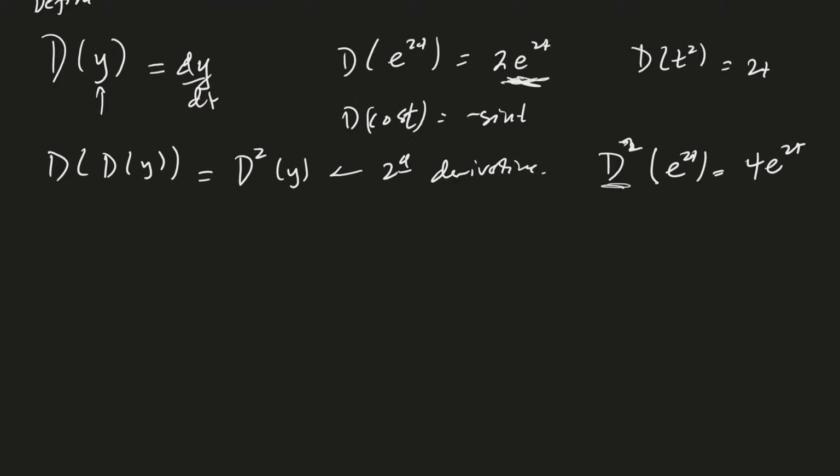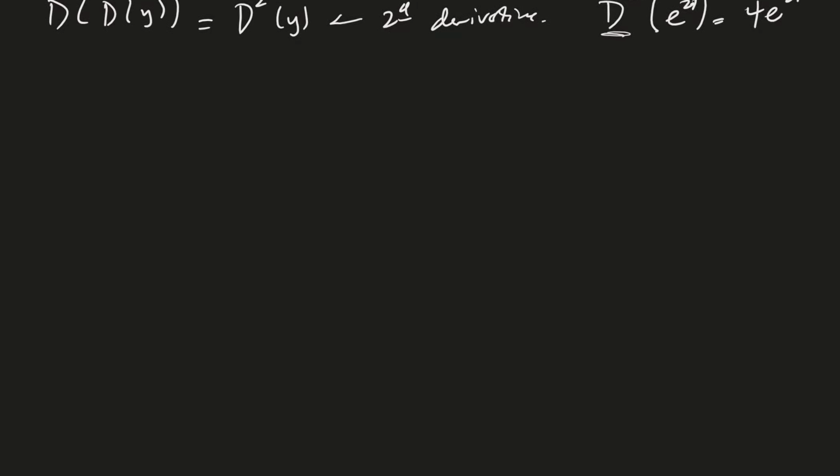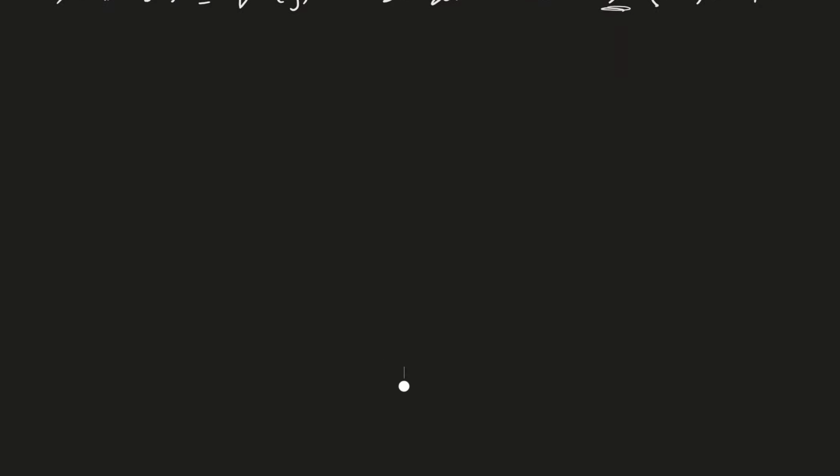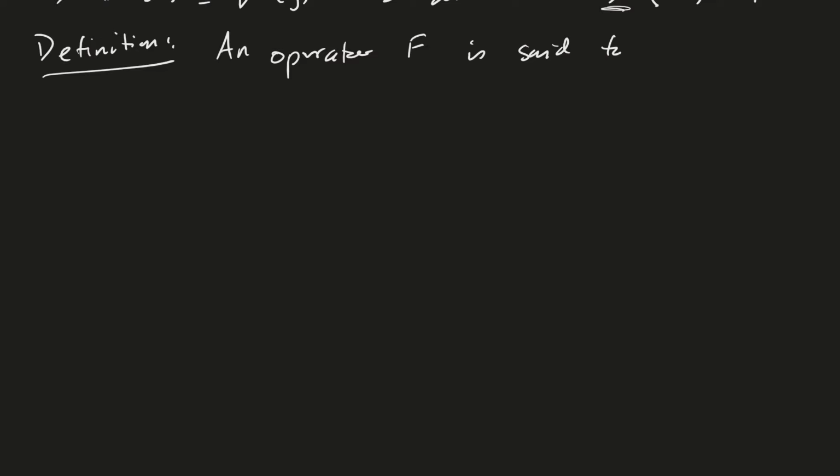Good. Now we're ready for our big definition of the day. Definition. An operator, we'll call it f for now, is said to be linear if two properties hold.